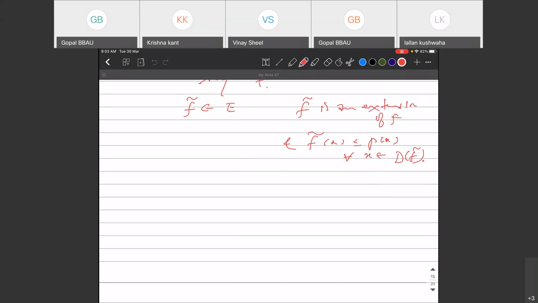The Hahn-Banach theorem says that suppose we have a real vector space X. In X, we have a sublinear map, P from X to R. We call it a sublinear functional, which satisfies these two things. Then P of alpha x equals alpha Px.